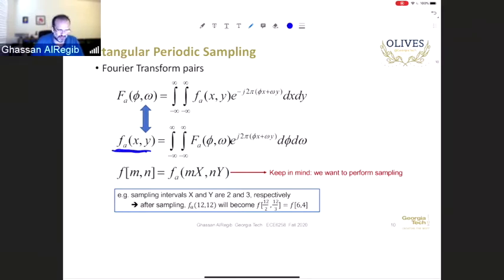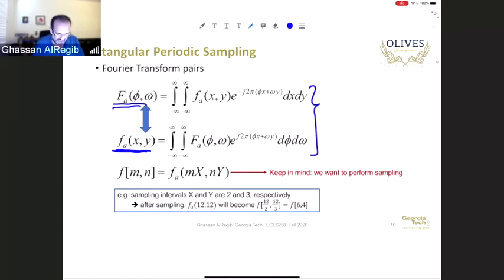And then we calculate the Fourier transform of that analog signal using the Fourier transform definition for continuous signals. The difference in here is that we already have a double integration because we are looking at x and y, or phi and omega in the frequency domain. So this is the definition of the Fourier transform of analog signals.